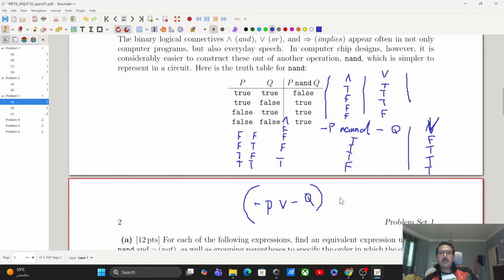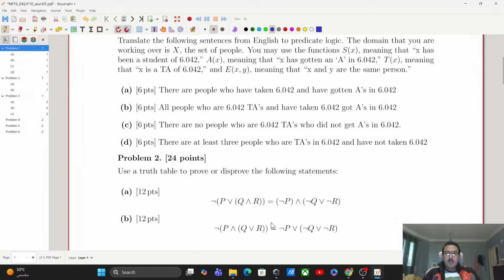NAND. How to say NAND? How to make it NAND? It is this, but NAND. Let's check this.